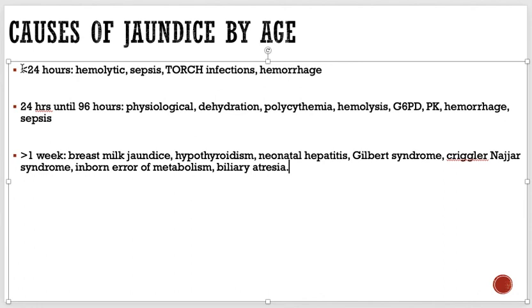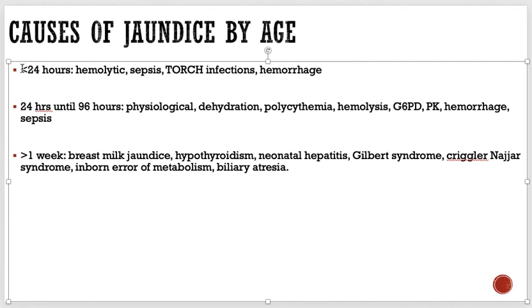Now, the important thing here, guys, to make some concept, is how we approach patients with jaundice, and I will tell you now. This Gilbert syndrome is coming again and again. Gilbert syndrome is basically a condition in which the liver is not processing the bilirubin normally.